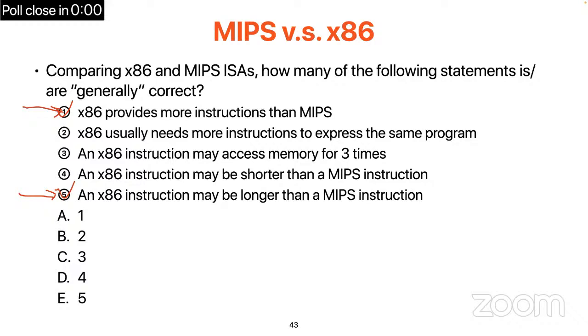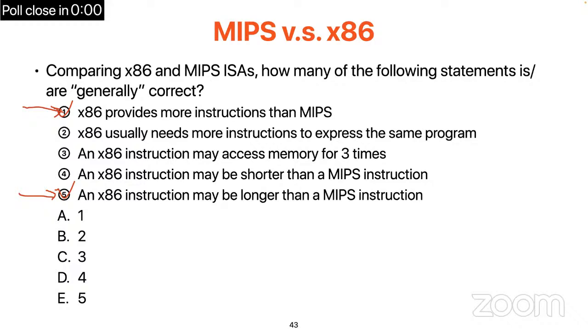Why don't you think the second one is correct? We're not sure, but at least for certain simple instructions, we would imagine the instructions are kind of one-to-one, like just adding or something like that. You wouldn't necessarily need that many more instructions in MIPS.